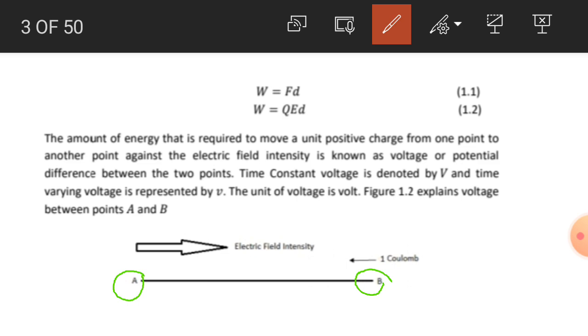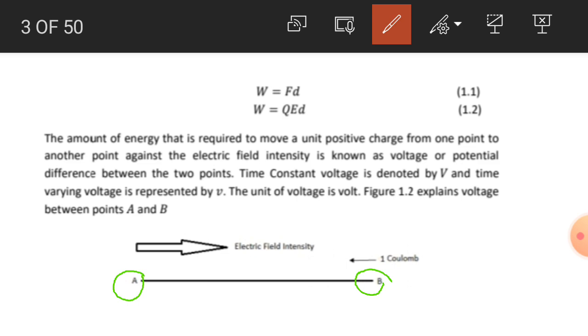So we consider 2 points A and B in the given field, and we want to find out the potential difference or the voltage between these 2 points.